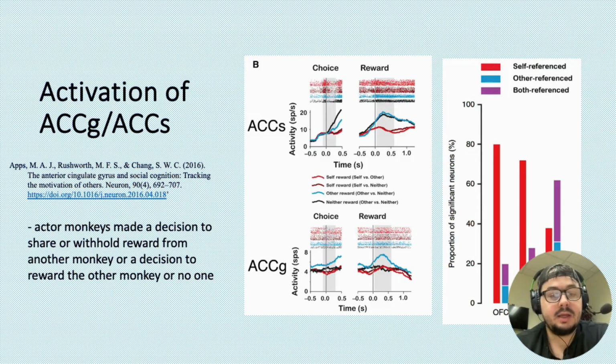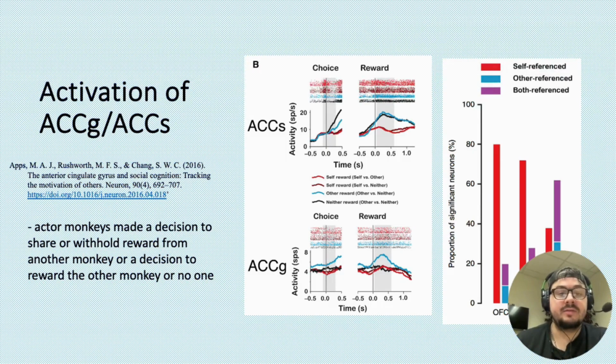The monkeys were made to play a game where they had a reward or some kind of prize, and then they would decide whether to share or withhold the reward, or to give it to no other monkey. The activation for the decision of rewarding others was actually a lot more prominent in the anterior cingulate gyrus, and the orbitofrontal cortex and the sulcus were much more involved in whether you yourself will be receiving a reward.